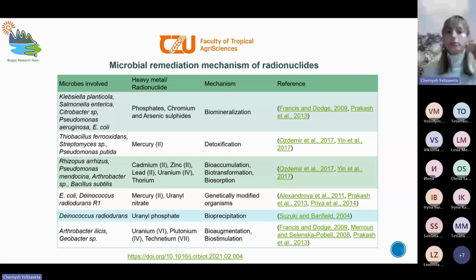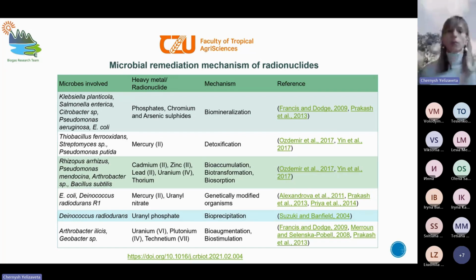I can show some groups of microorganisms and some contaminations that can be covered by these groups, and the mechanisms involved: biomineralization, bioaccumulation, biotransformation, bioabsorption, and bioprecipitation. It is also possible to use the metabolic activity of these microorganisms and their metabolites to precipitate some radionuclides and heavy metals and fix them in forms that cannot migrate in the ecosystem.